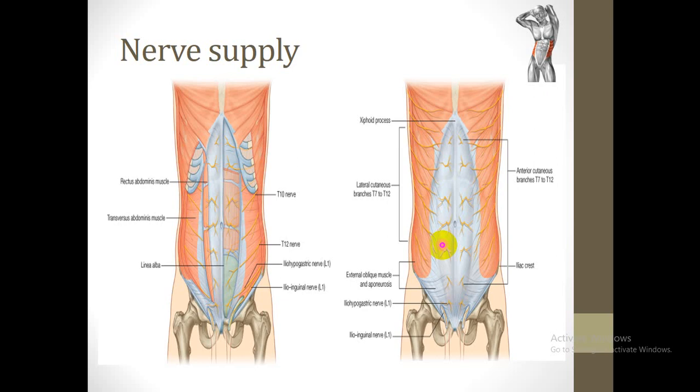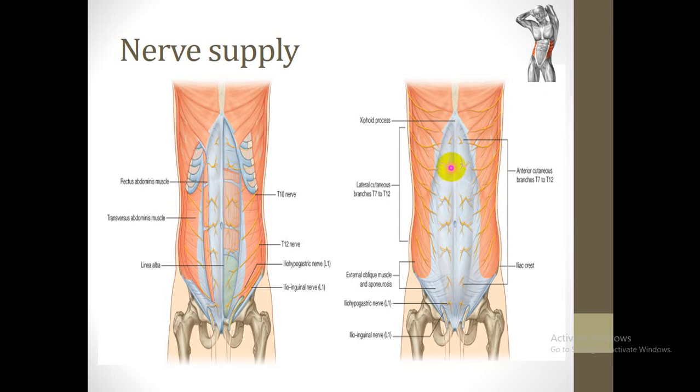The nerve supply of the anterior abdominal wall will be divided into three groups: three above the umbilicus and three below the umbilicus, and in the umbilical region there is one nerve that supplies it. So the nerves that supply the anterior abdominal wall above the umbilicus are T7, T8 and T9.